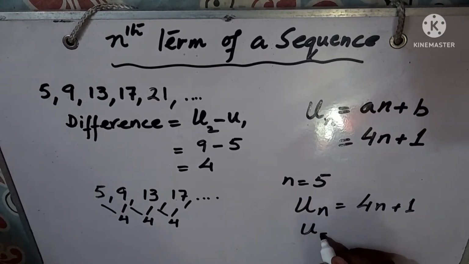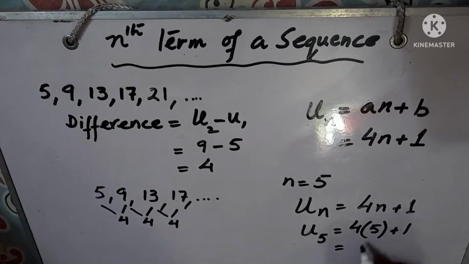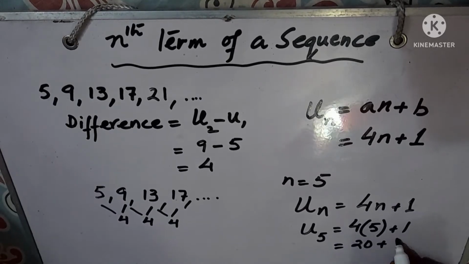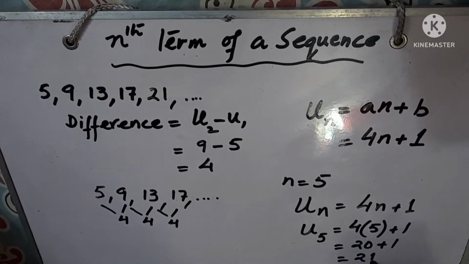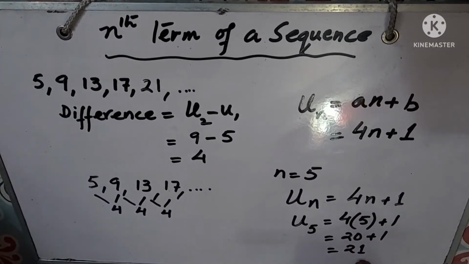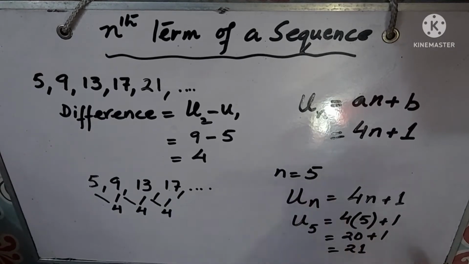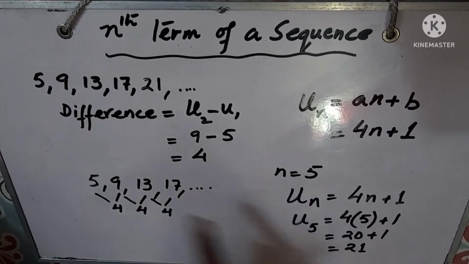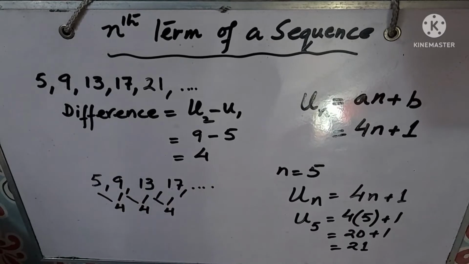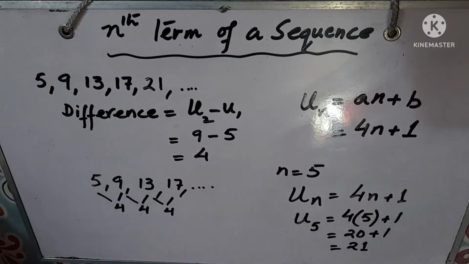So u5 equals 4 times 5 plus 1, which is 20 plus 1, which is 21. Yes, this confirms that my fifth term, u5, is 21.